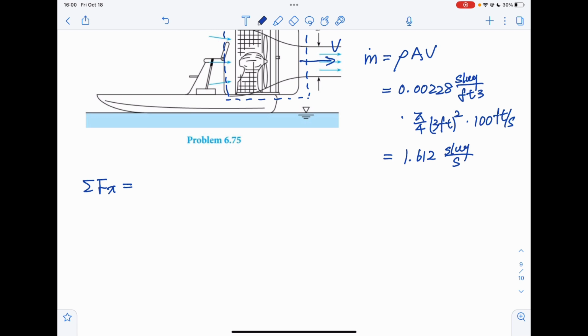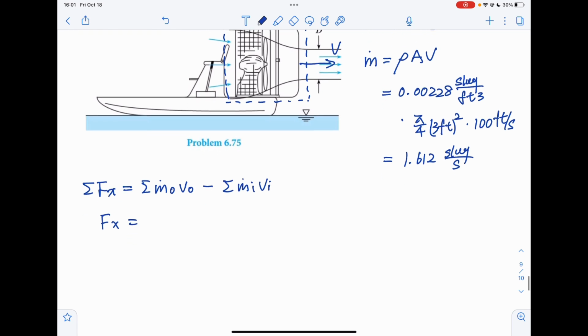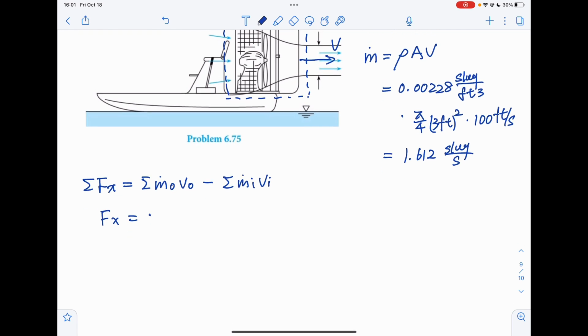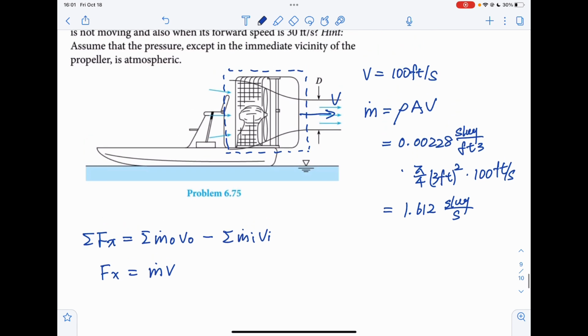The sum of the forces equals the mass flux times velocity flowing out minus that flowing in. We only have one force, which is Fx, and because we don't have anything flowing in, we only have m dot times the velocity, in the positive x direction.